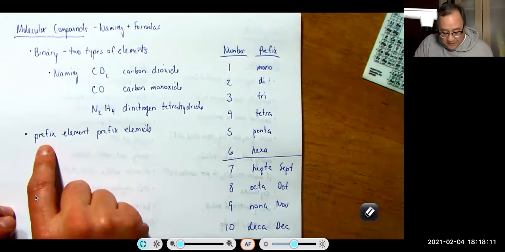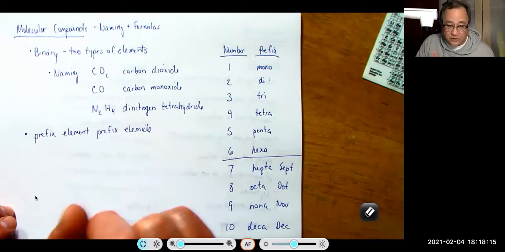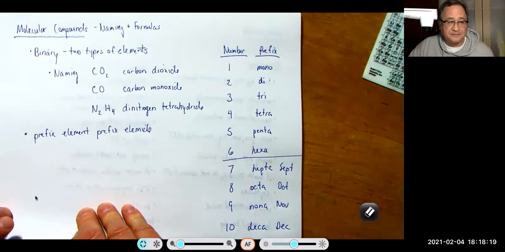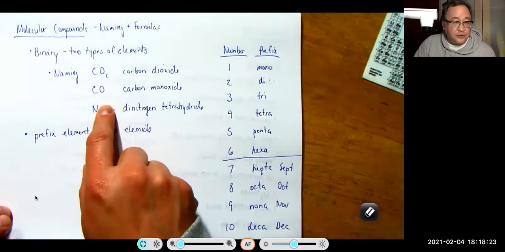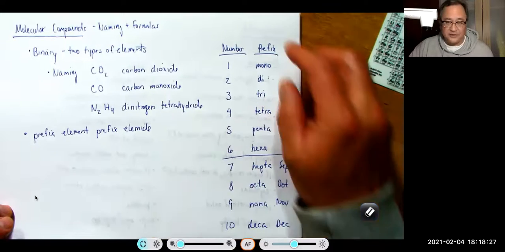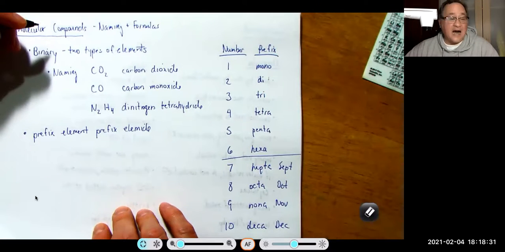Now, for the first element, you can see for carbon, we didn't use a prefix. If there's only one, don't use a prefix. If there's more than one, use a prefix. For the second one, regardless, you use a prefix. So let me give you all the ides.